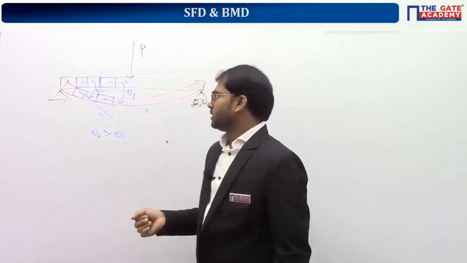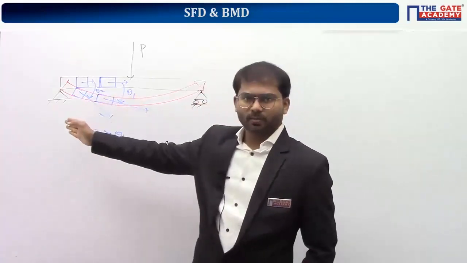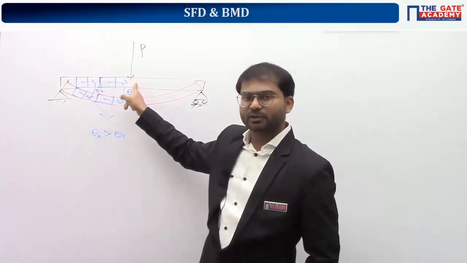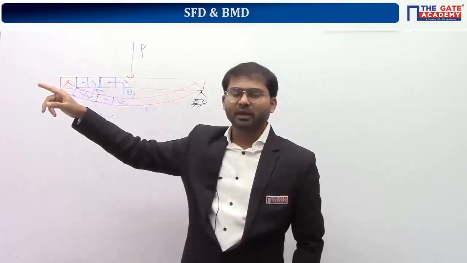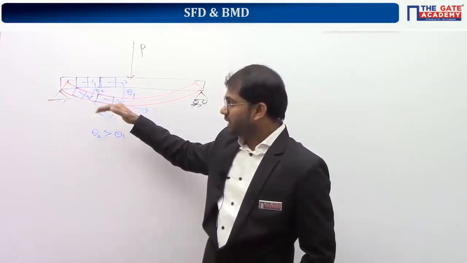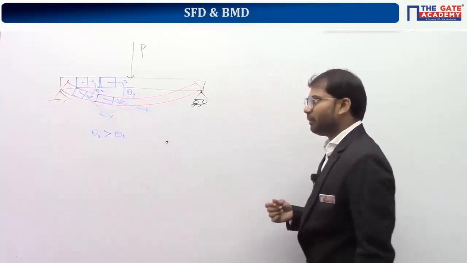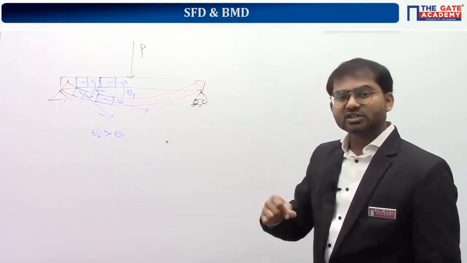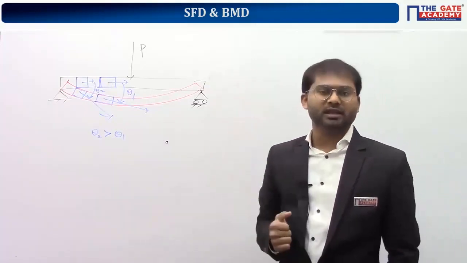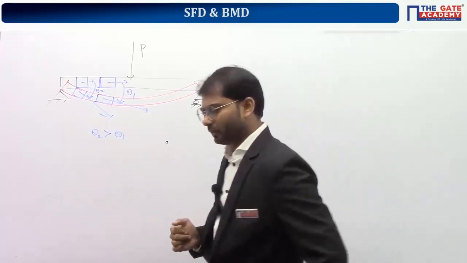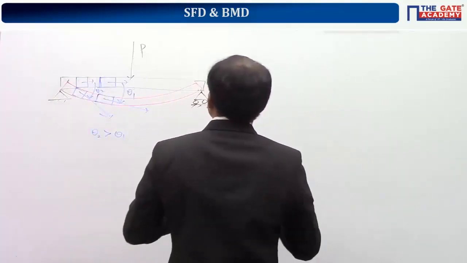So here the induced moment is different. Though the load is acting at the center, moment is being induced at every location along the length of the beam, but the induced value is different. So the bending moment diagram gives us the variation of this induced moment along the length of the beam. You can copy this definition.